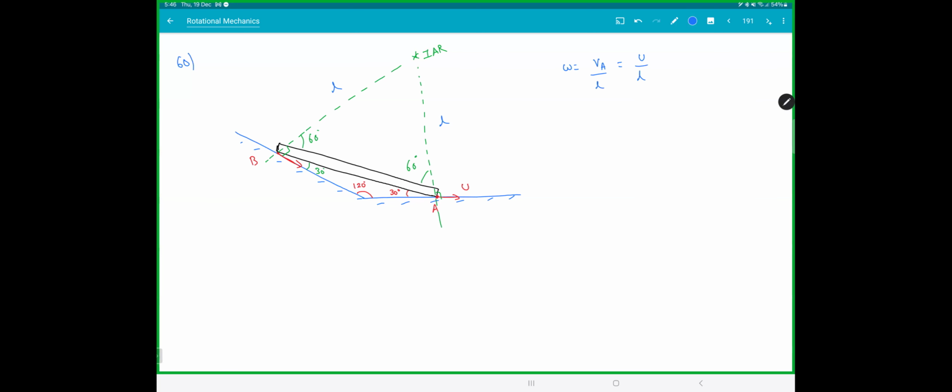And for this rod, the center of mass is here. This would be the perpendicular distance D, which is the height, which is root 3 L by 2. So the moment of inertia about IAR will be I center of mass plus m d square, which is m L square by 12 plus m into root 3 L by 2 whole square.